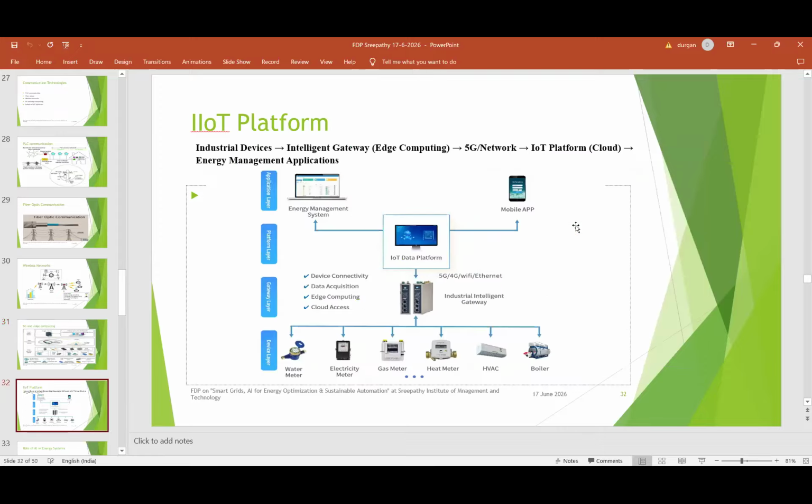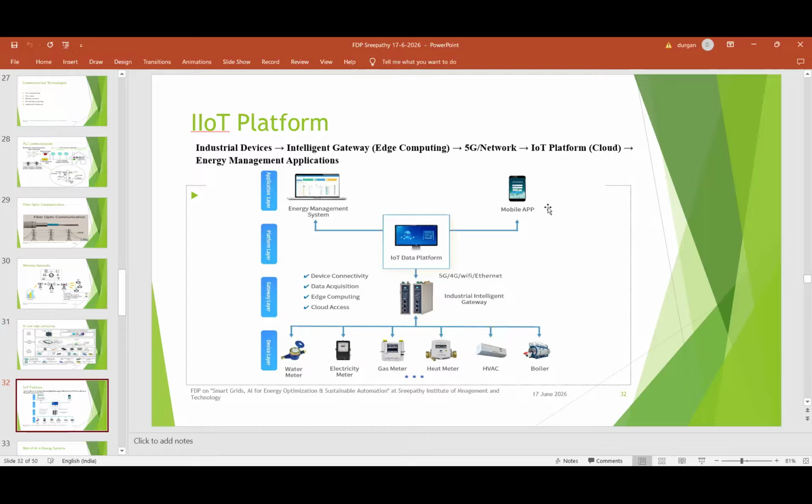Then the industrial IoT platform, that is the IIoT platform. IIoT connects smart devices like sensors, actuators, control devices, instrumentation devices, transformers, everything. All industrial equipment can be connected via the internet.